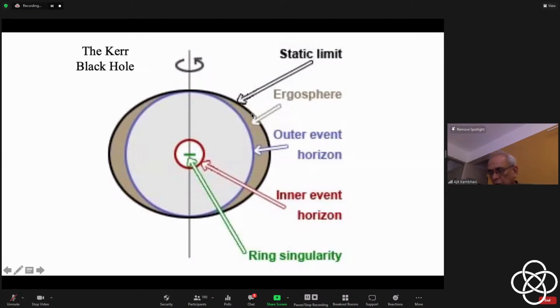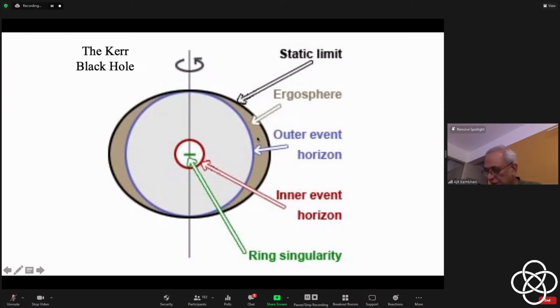And I can only mention it. What happens is that the spin of the black hole is very powerful, just like the gravity of the black hole is very powerful. If any particle enters the static limit, you can enter the static limit and you can leave the static limit. It's not an event horizon.